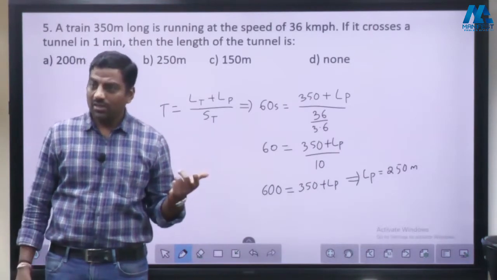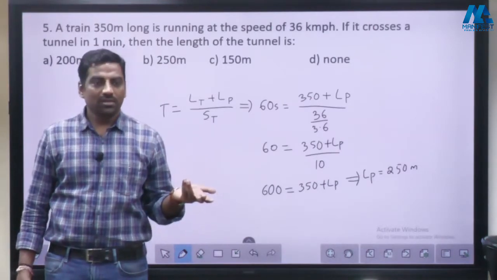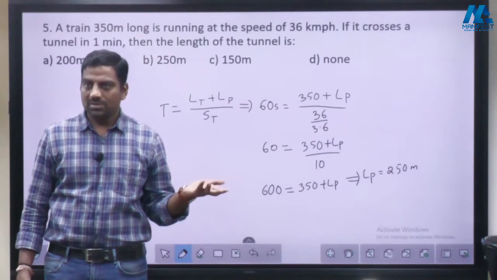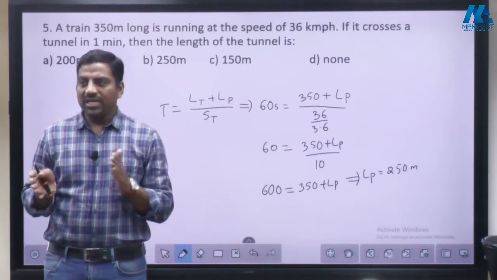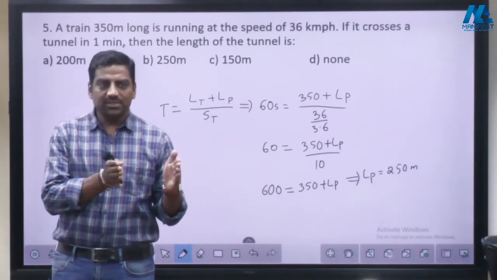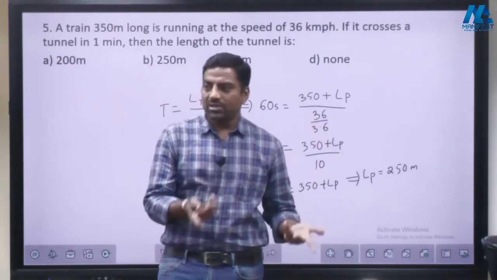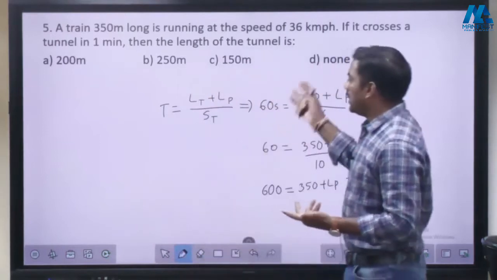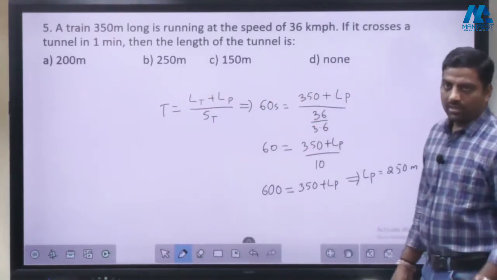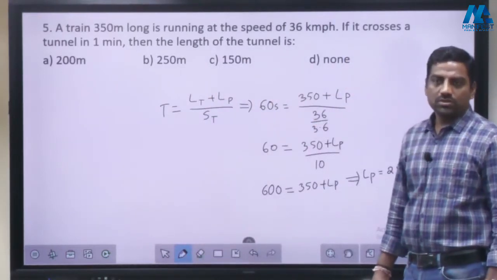Another 25 for tunnel or platform or bridge. So for 350 it is taking 35 seconds. So for another 25 seconds it will cross 250 meters. So that is the length of the tunnel or length of the platform or whatever. Done? No issues?